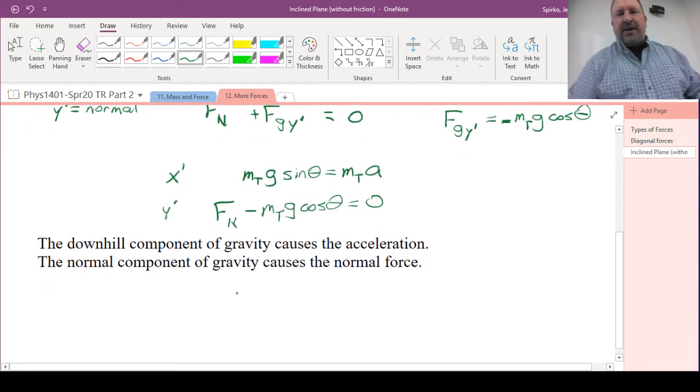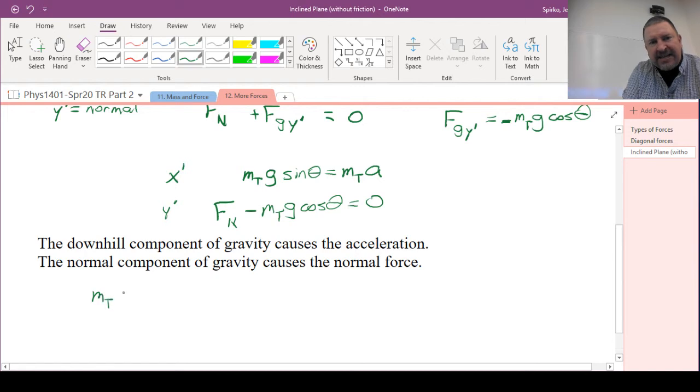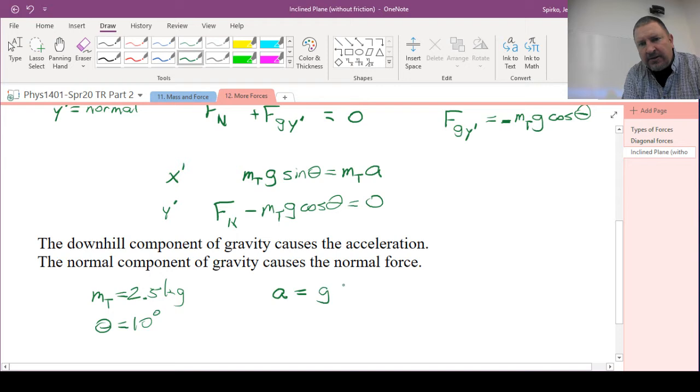So let's put some numbers on it before I send you away for the weekend. M total is 2.5 kilograms. Theta equals a gentle angle, 10 degrees. So a is g sine theta.